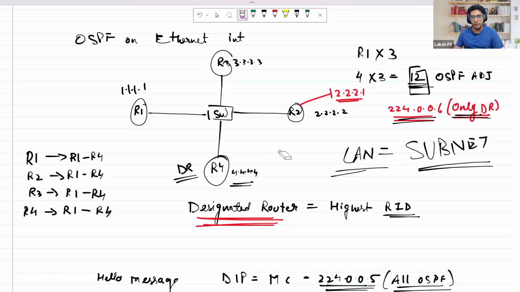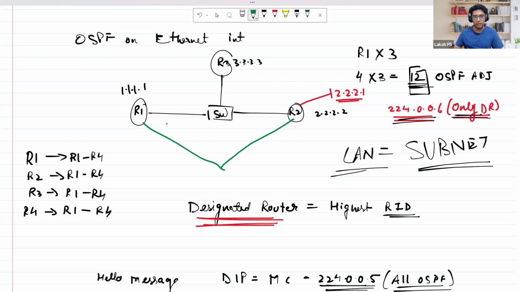Now, what if R4 fails? R4 is supposed to be the designated router. With R4 only, every router will make adjacency. So previously, R1, R2, and R3 were having an adjacency with R4, but R4 is no more.